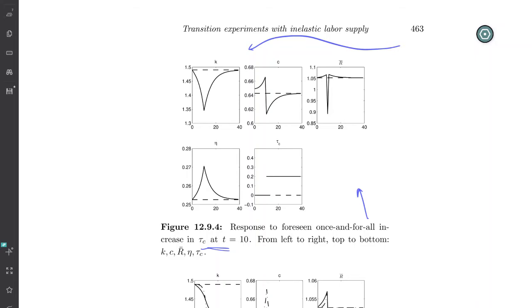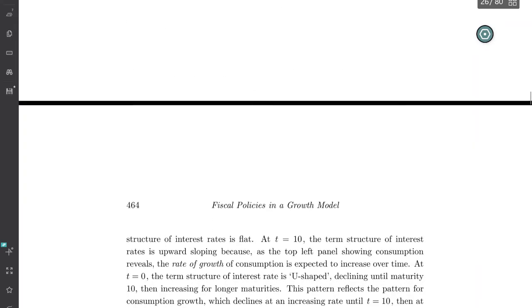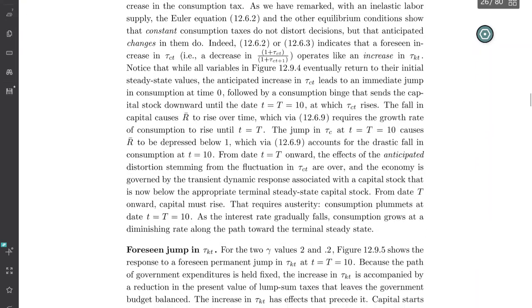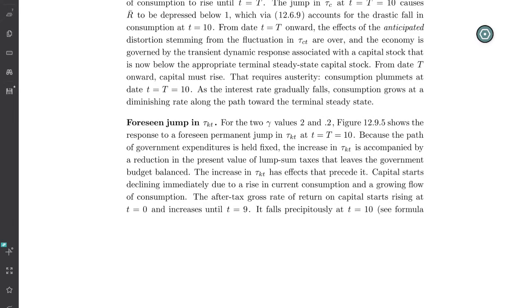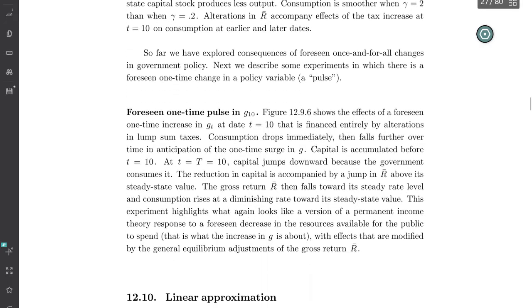So lots of economic interpretations can be gotten, all for the taste for consumption smoothing, and we can easily get the effects that occur on the interest rate and the term structure of interest rates. So that's what's done here over and over again. We do a foreseen jump in tau c. We do a foreseen jump in the tax on capital. We do lots of things.